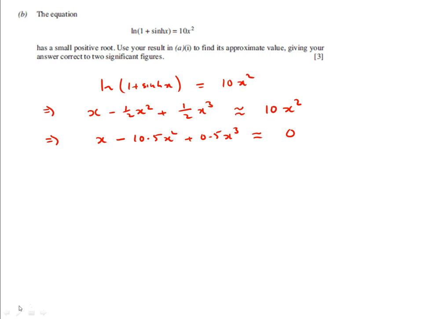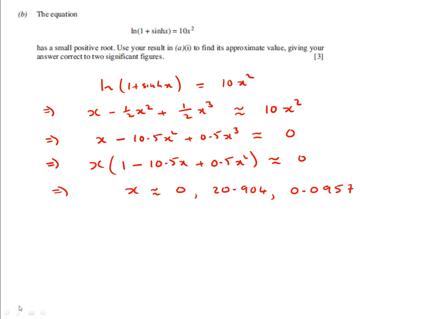In other words, we're looking for x minus 10.5x squared plus 0.5x cubed to be 0, or very, very close to 0. If we factorise that, we've got x times by 1 minus 10.5x plus 0.5x squared, which we want to be very, very close to 0. Now, obviously, x equals 0 is a possible solution, or we've got 1 minus 10.5x plus 0.5x squared equals 0.